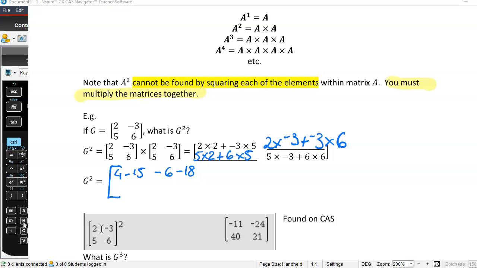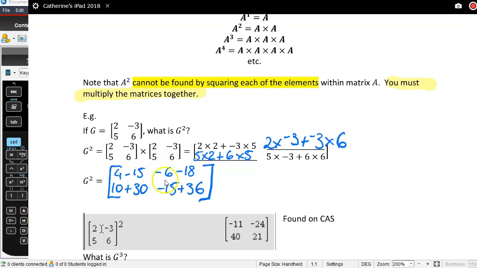So then that's 10 plus 30. Then that's negative 15 plus 36.